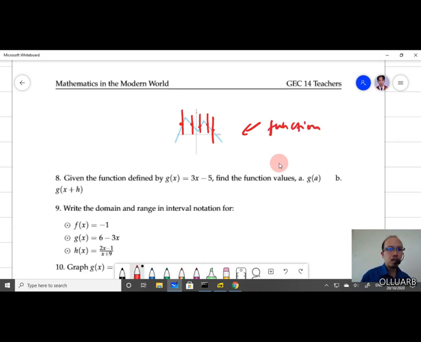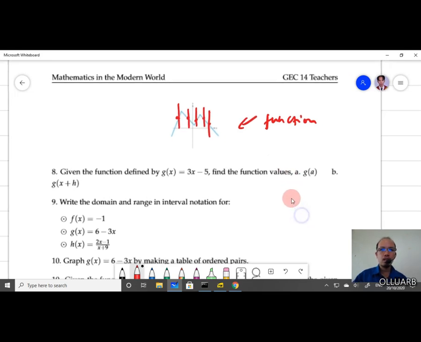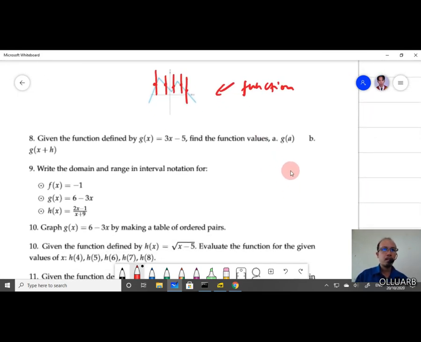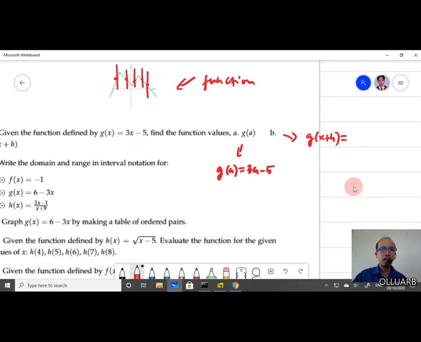Number 8, the same as in our previous problem. So for here we have g of a, which is 3a minus 5. For letter B, we have g of x plus h. Replace x here in our function by x plus h.